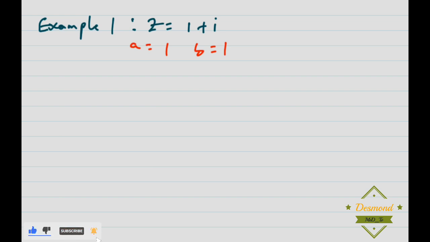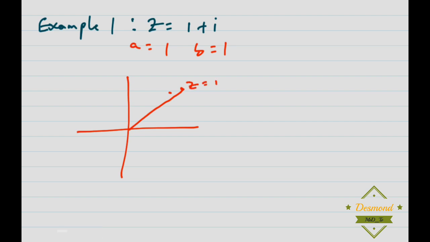When we draw our Argand diagram and plot this, we are going to have both to be in the first quadrant. So let's say it's right here, 1 plus i. So the angle is going to be here.